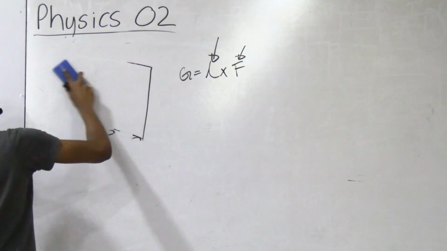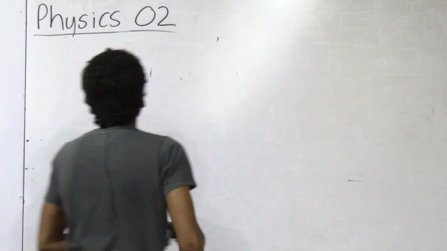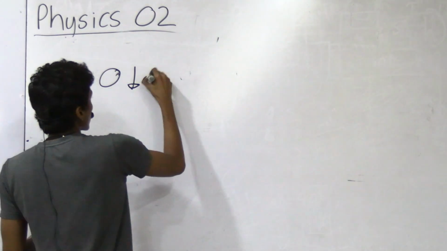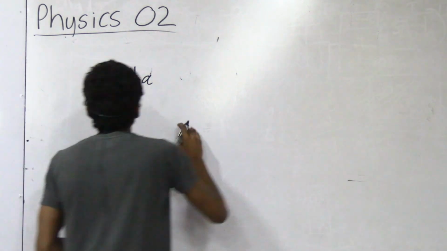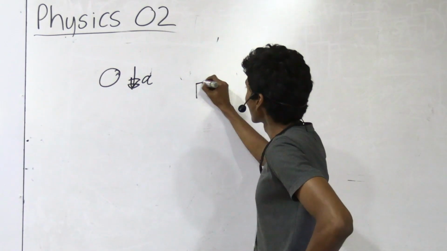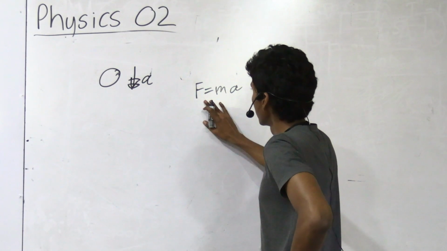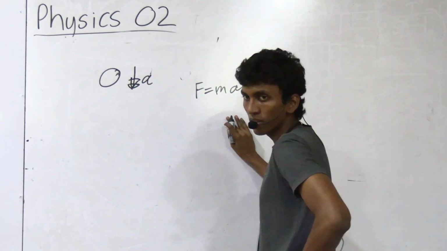I would say that it is F equal ma, right? Since the fruit accelerates due to an acceleration, obviously. So the change in velocity is done due to the acceleration, right?